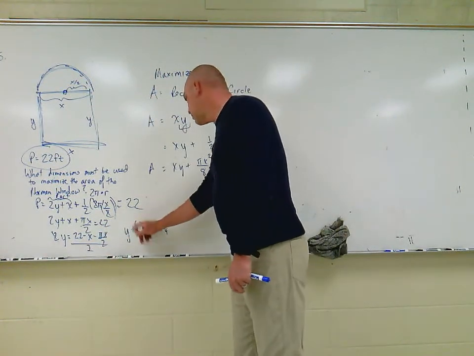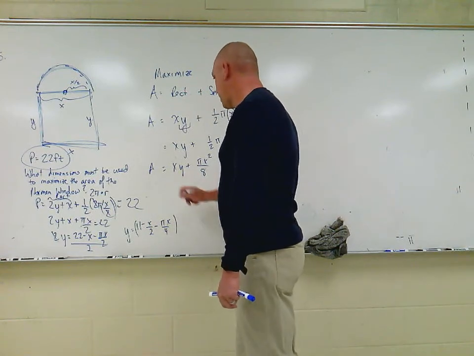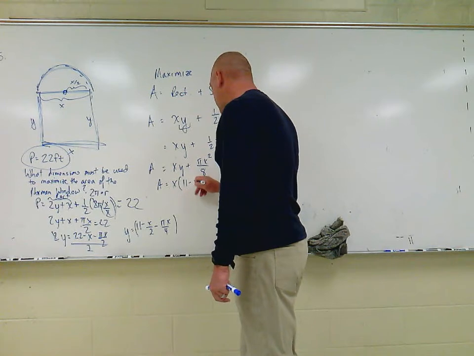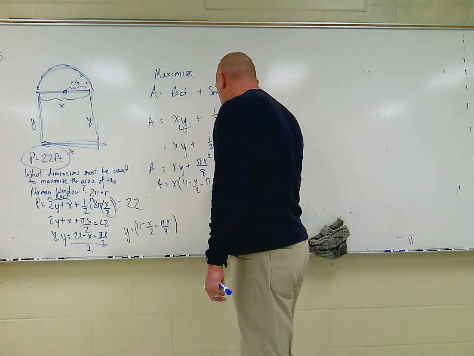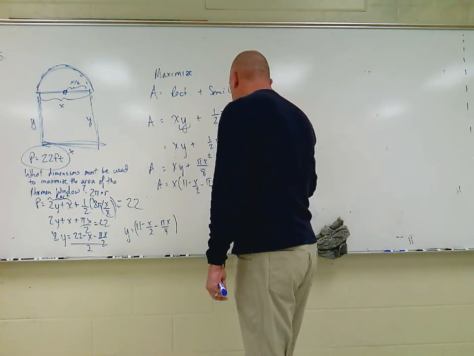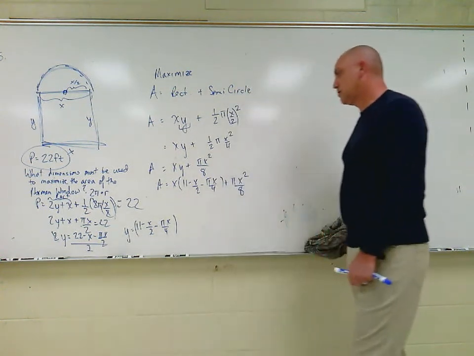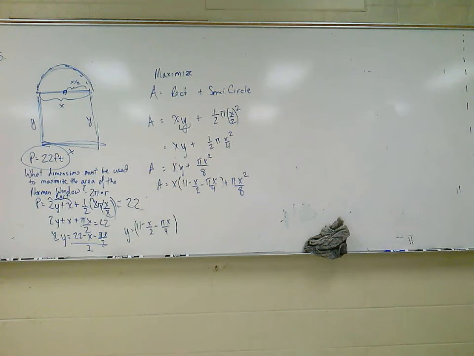And that goes in place of y. So area equals x times y, which is 11 minus x over 2 minus pi x over 4, plus pi x squared over 8. Now my area, not pretty, but it's in terms of one variable.